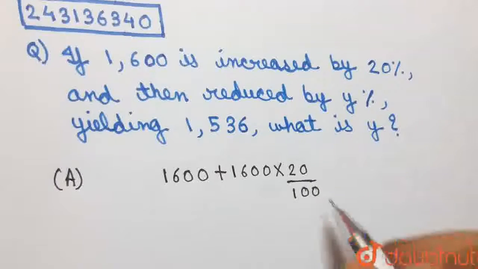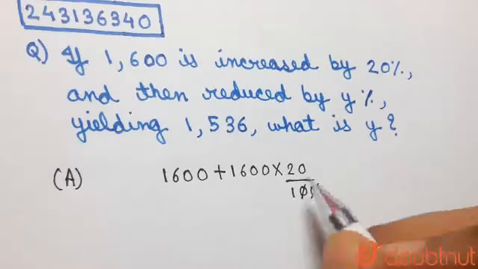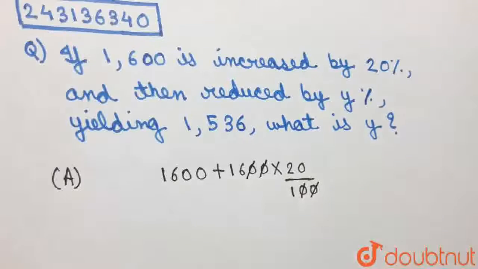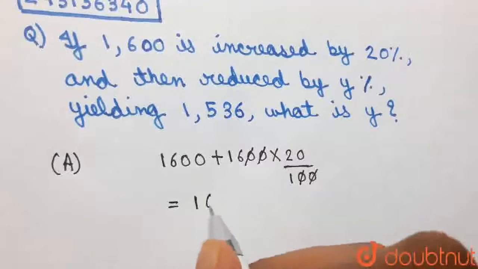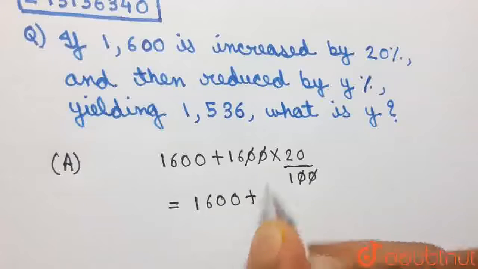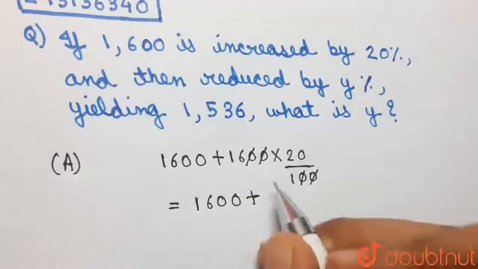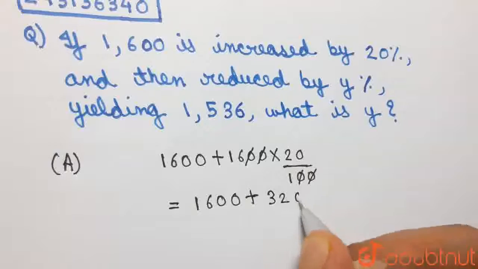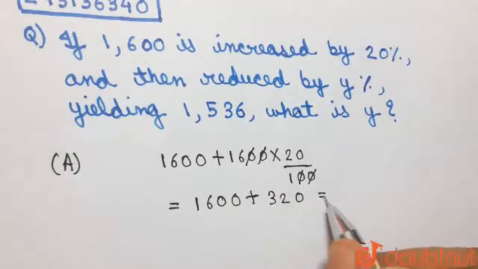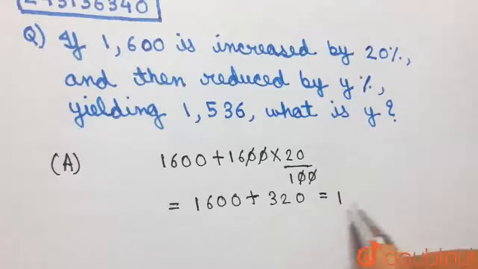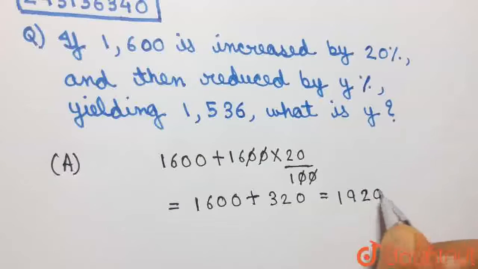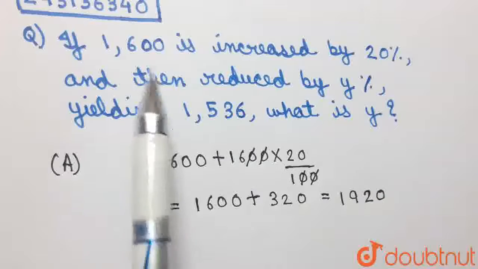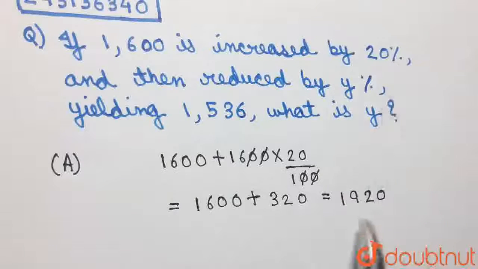Now simplifying this number, first of all cancelling the zeros, this is equal to 1600 plus 16 into 20. Now 16 into 20 is 320, and this sum 1600 plus 320 comes out to be 1920. Okay, so 1600 after being increased by 20% comes out to be 1920.